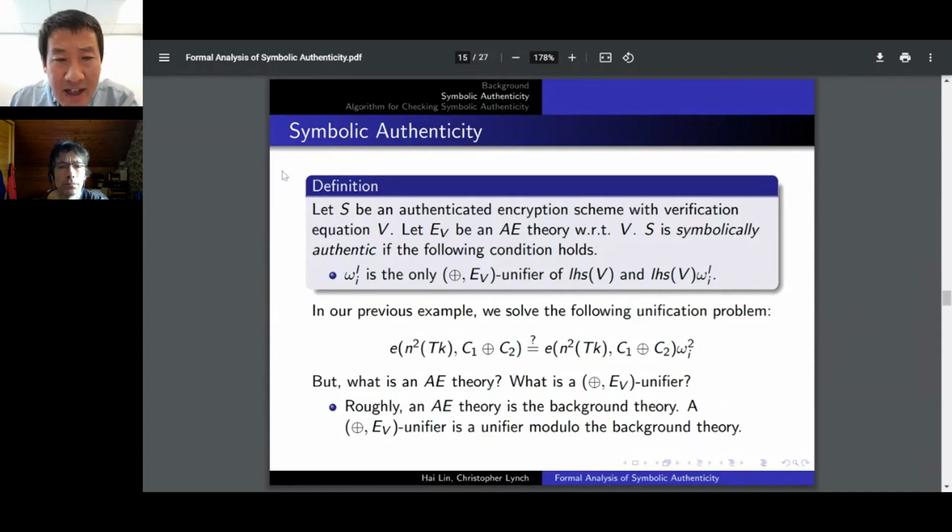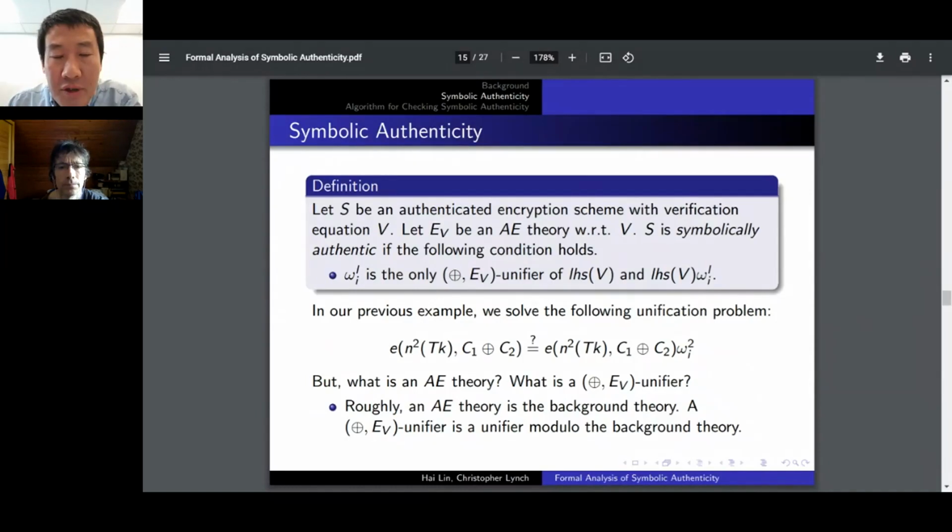So essentially, we solve a unification problem, right? We try to unify the tag of the message that the adversary tries to forge and the tag of the ICE ciphertext message that the adversary received, and check if the trivial solution is the only solution. So that's the overall idea.